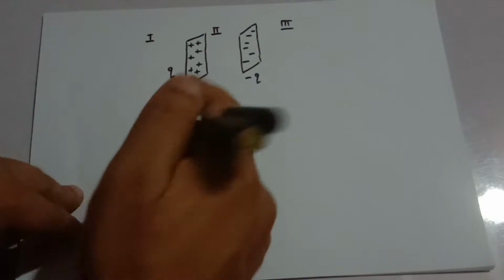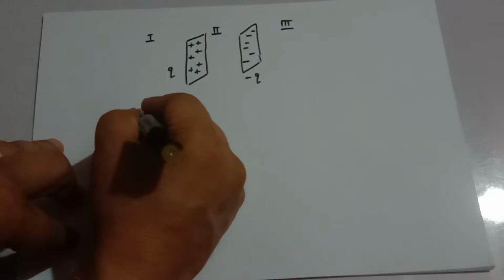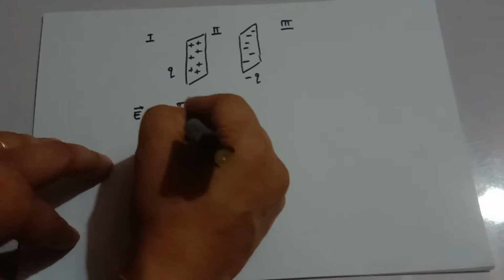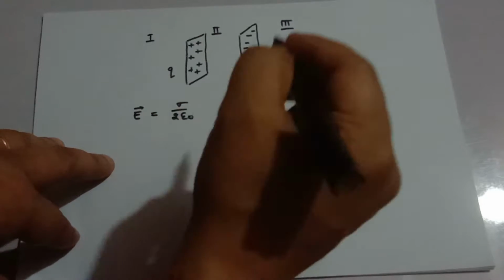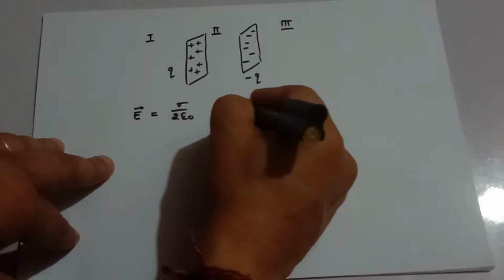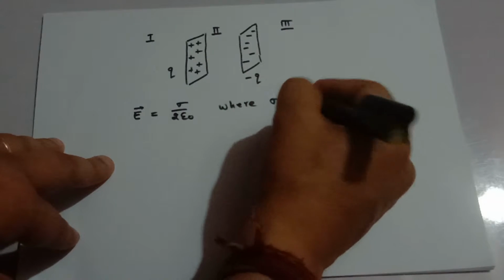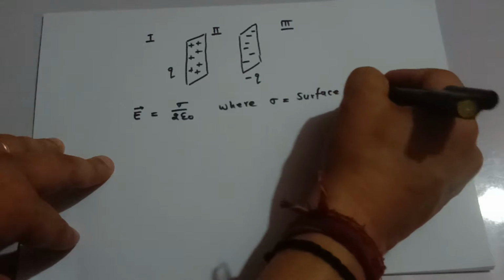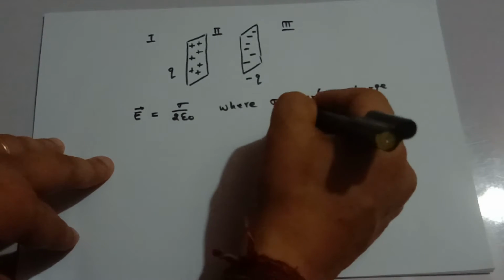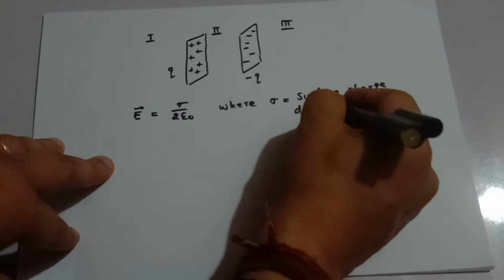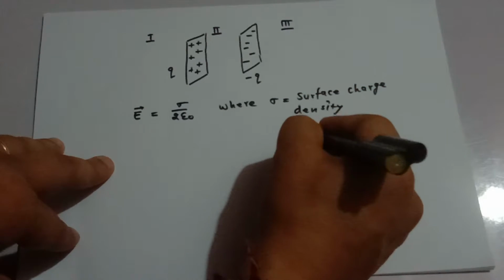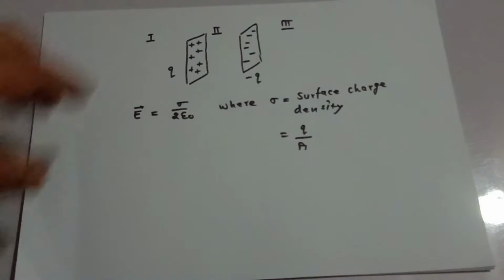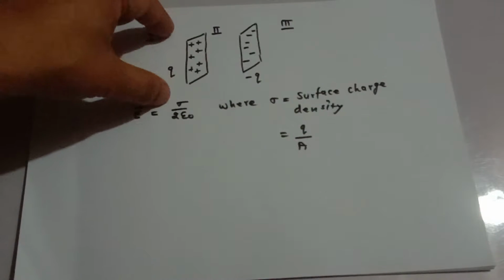So the electric field at any point would be sigma upon 2 epsilon naught, where sigma is the surface charge density, which you can write as Q divided by the total area of this particular parallel plate.